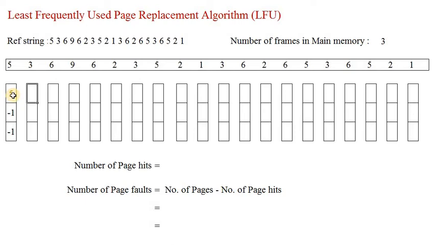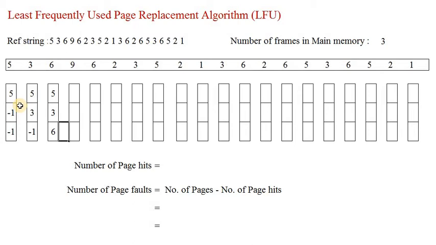In the second iteration, 5 is already there; I need to insert the second page, that is 3, and the third frame will be free, indicated with the minus. In the third iteration, 5 is already there, 3 is already there, and 6 will be inserted here.